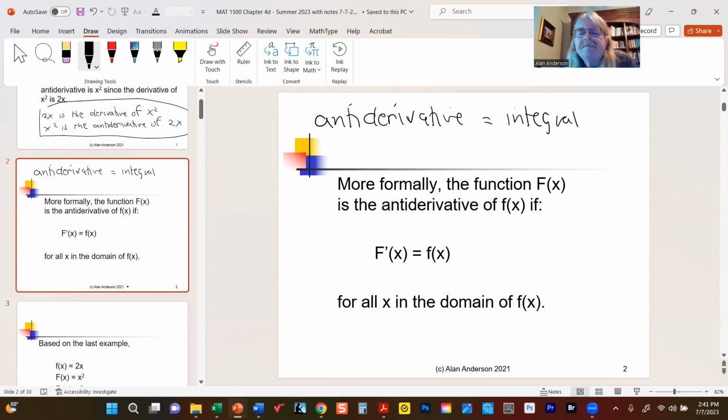Now, you'll notice here that notation-wise, we're going to use the following.